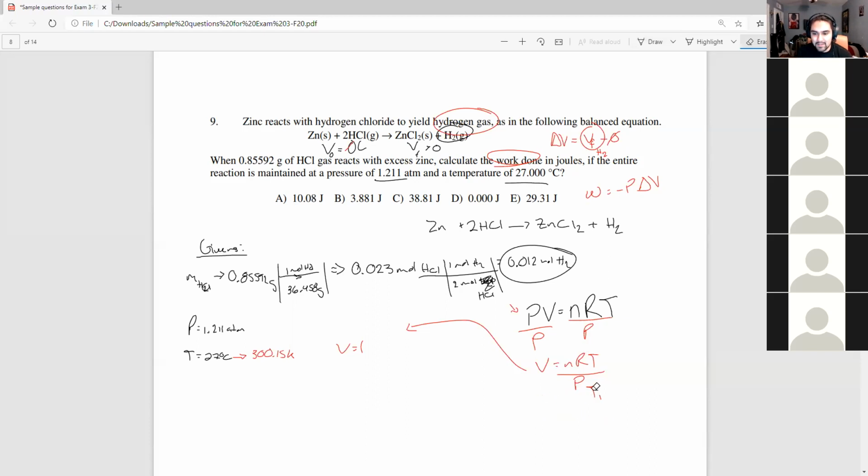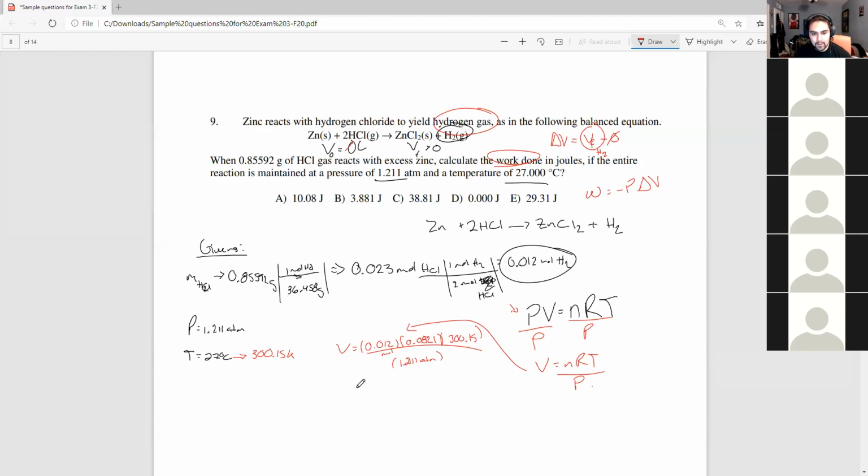Okay, so did anyone derive the volume, by the way? 0.012 moles, 0.0821, 300.15, and then we have our pressure of 1.211 atmospheres.